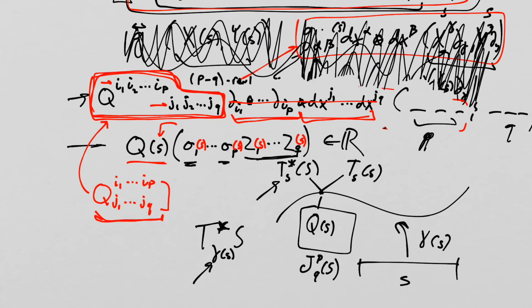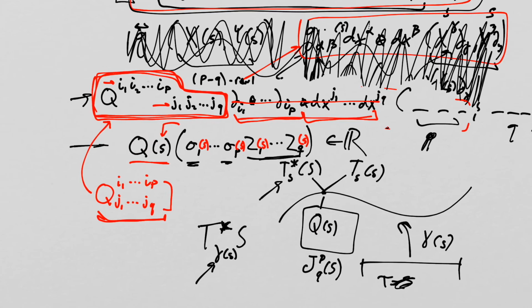So actually the parameter is tau, and S is a value of tau. So I'm using this shorthand again, and it happens a lot in this field. You've got to keep track of what this shorthand means, so I repeat it each time I notice that I'm doing it. So these are all in the cotangent space at S, these are all in the tangent space at S, and this one is from the tensor product space at S.